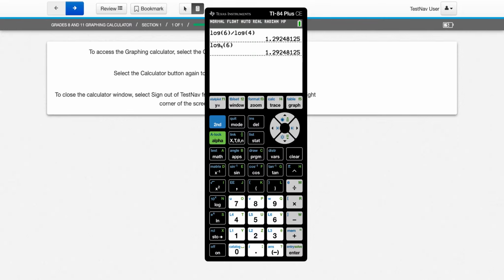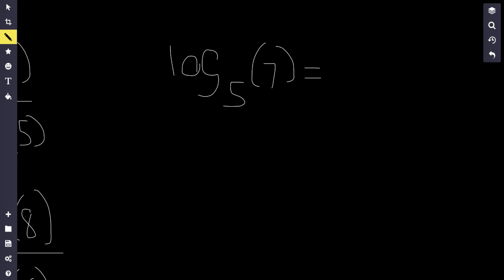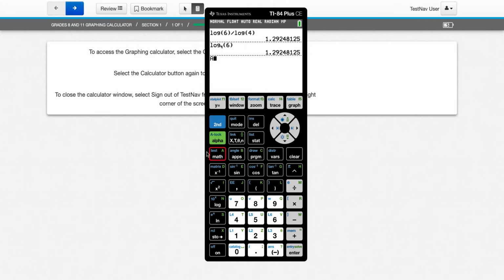Let's do another example. Let's say I have log base 5 of 7, and I want to find out what this is equal to, without using the log base function on my calculator. So if your teacher doesn't allow you to use this, how would you solve this logarithm?